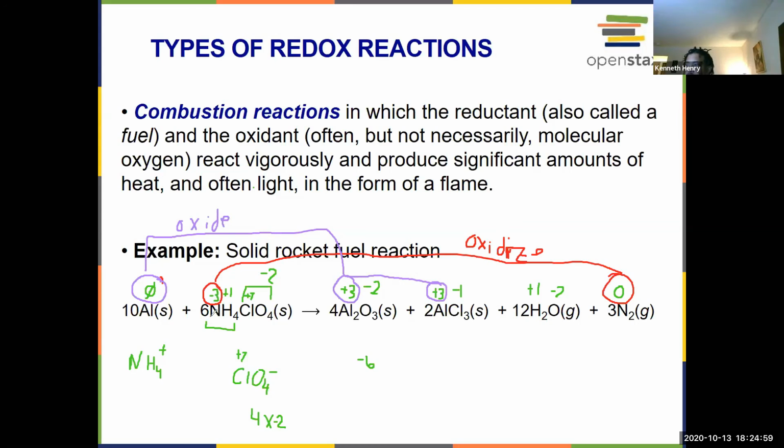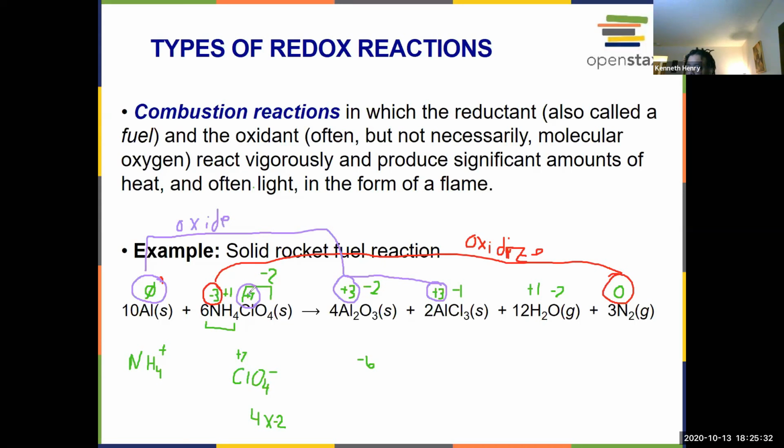Okay, so then we have chlorine, which is going from a +7.